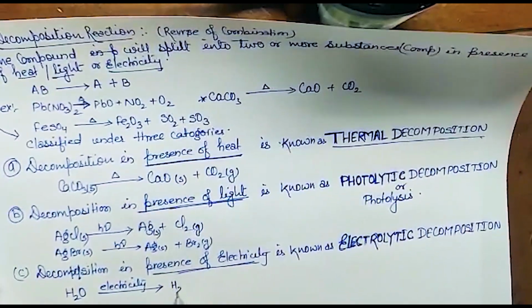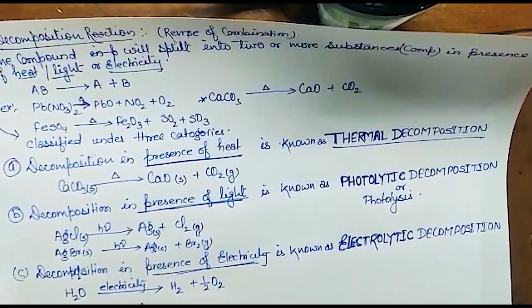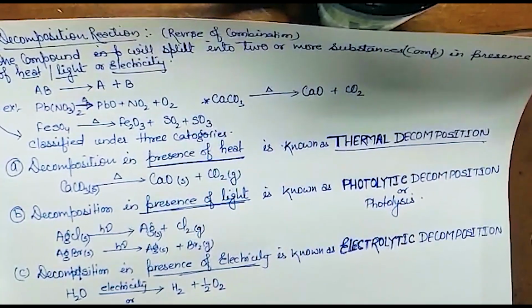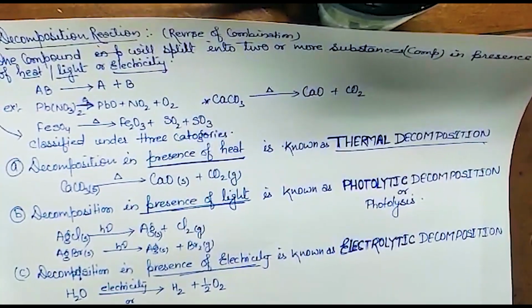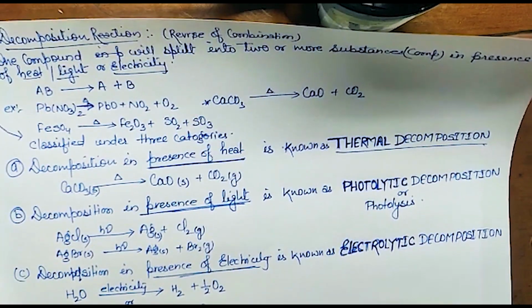It will give you H2 plus half O2. In order to balance it, you can write it as 2H2O, electricity, 2H2 plus O2. Got it? So this is called electrolytic decomposition.